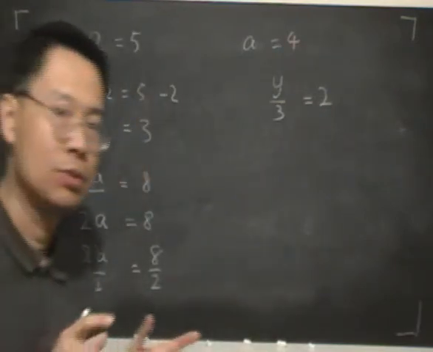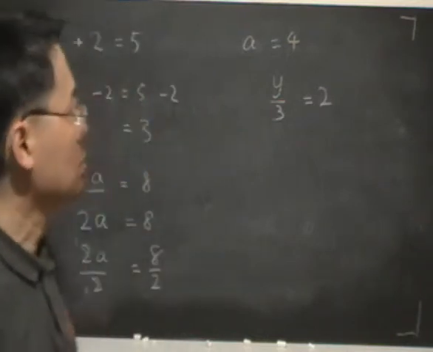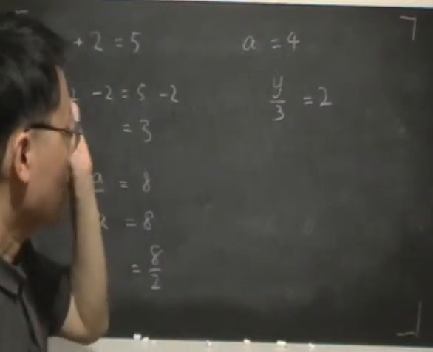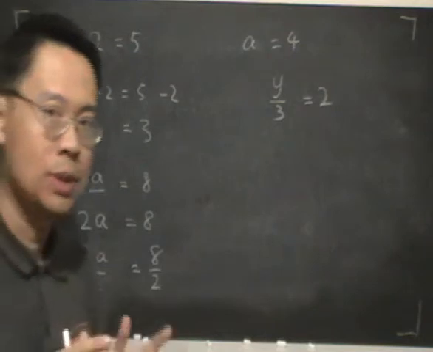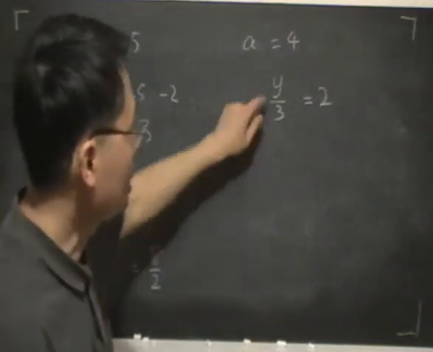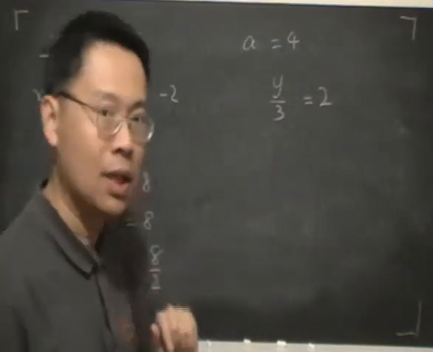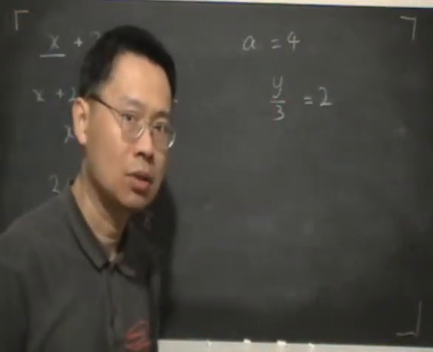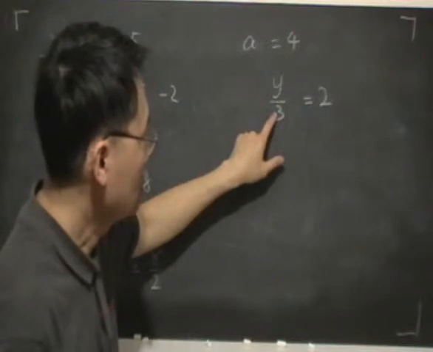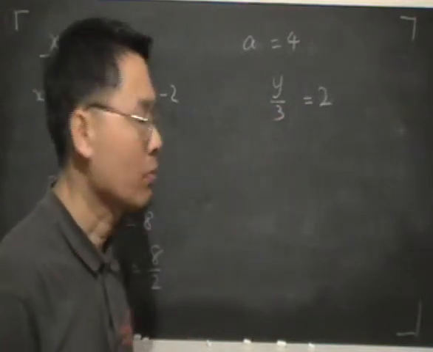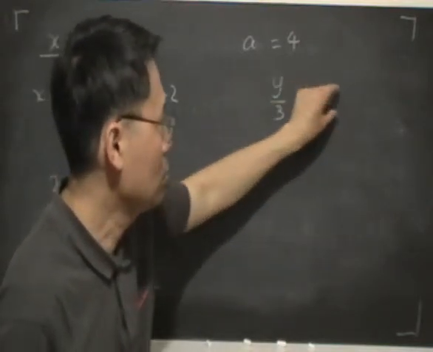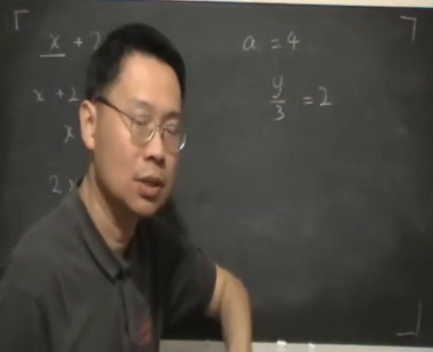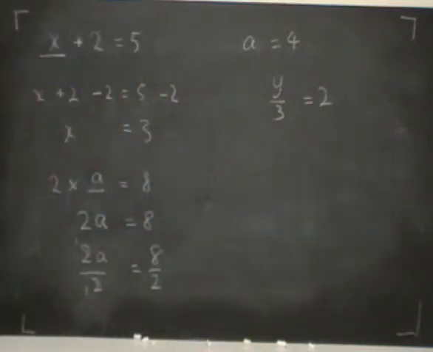Okay, let's do it using the rules of algebra. So once again, we start from the idea that it would be nice if we had just the y on the left side without the 3 at the bottom. If we had just the y, then y is equal to the answer, and we know the answer.